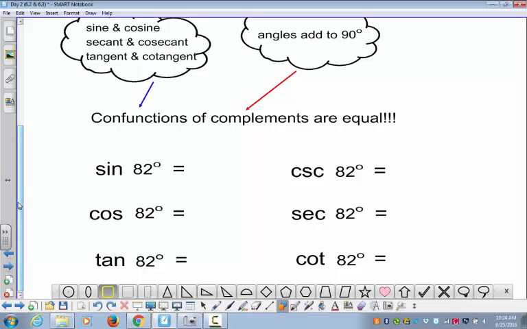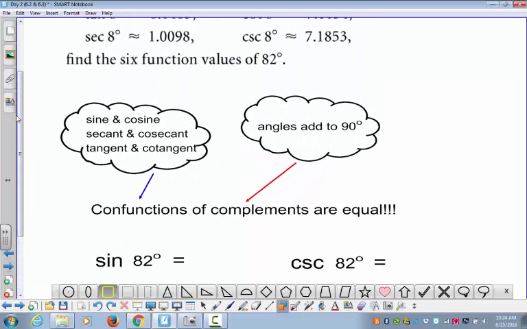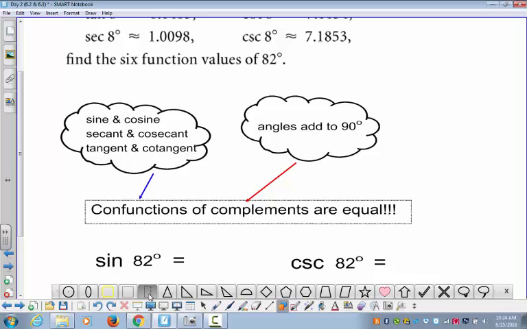Okay, so here, this is going to be an example of this important relationship, that cofunctions of complements are equal. The list of cofunctions is right here. We only have 6 functions we're dealing with for this entire semester.